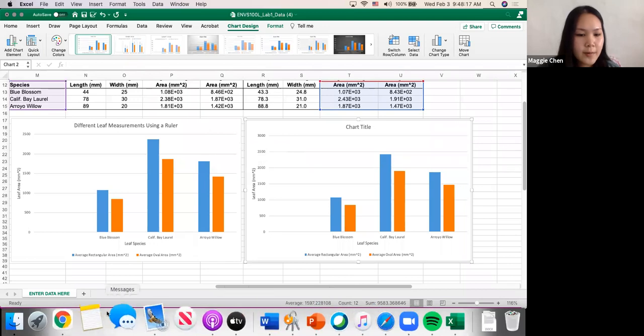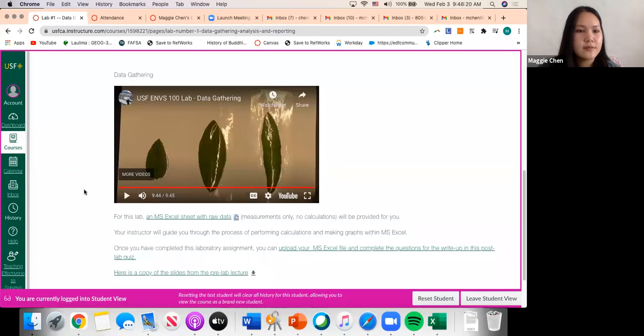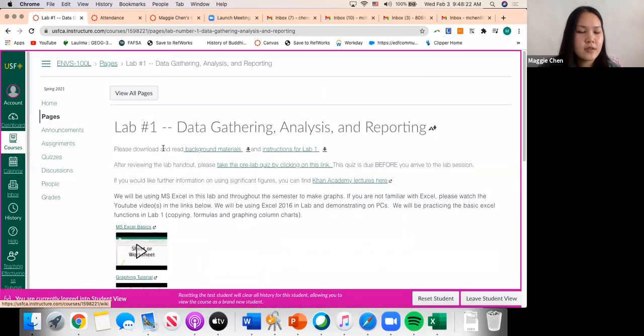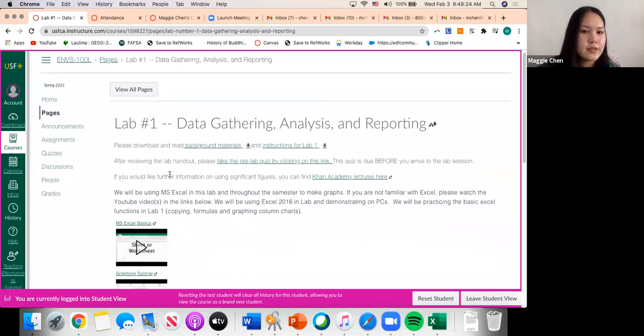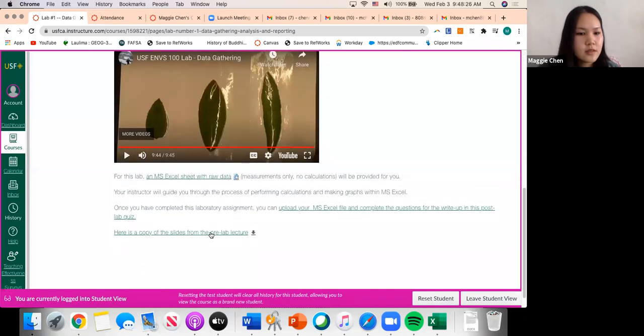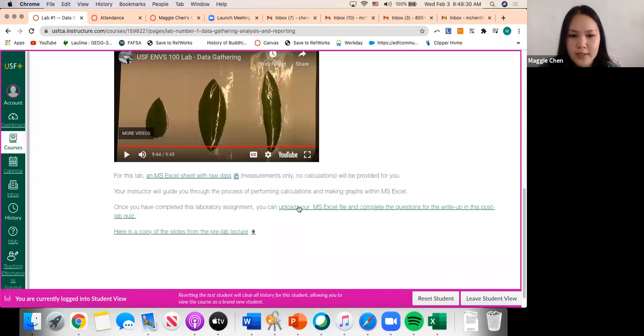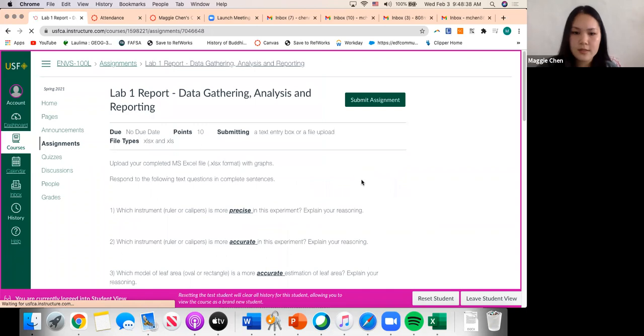Now if we go back to the Canvas page and say we want to turn this in, once you've completed your laboratory assignment, you can upload your Excel file here. So this link will take you to where you're going to turn this in. The Excel portion is basically done.